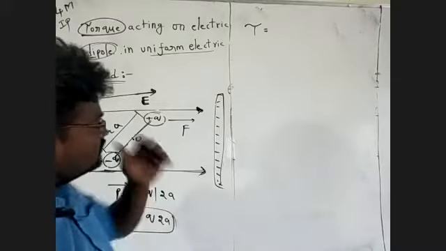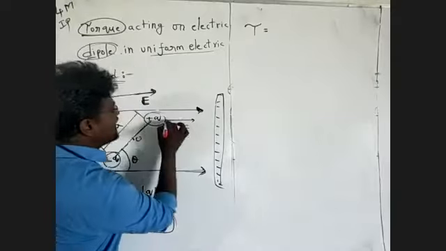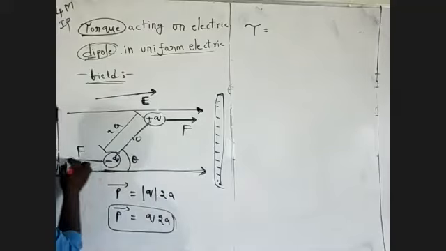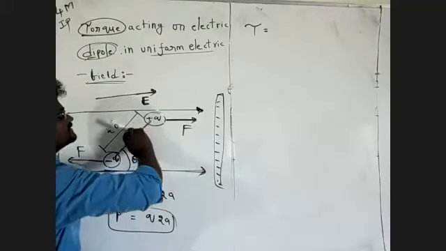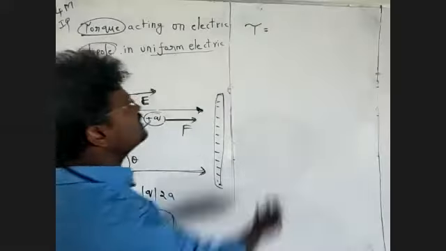I'm trying, but it's not possible here. One force is acting in this direction, and this dipole is rotating in this direction because of the turning effect. The turning effect is nothing but torque.